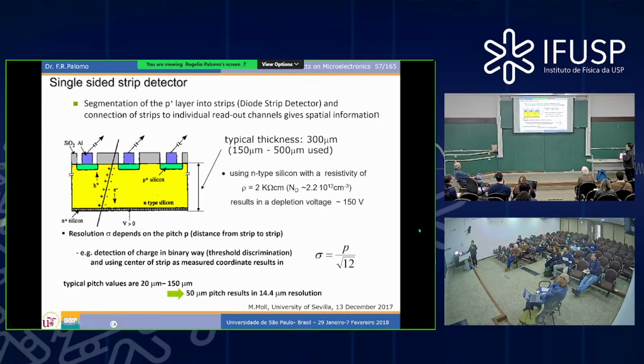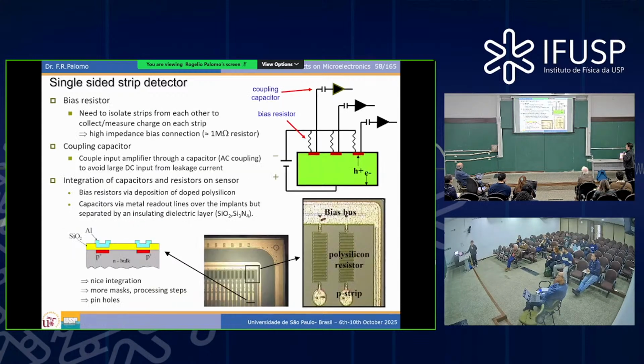It was presented by Michael at my university, because we have invited Michael a lot of times. Just for you to know what a single-sided strip detector is, you have to look at one. You have a bias resistor, just to get the biasing. You have a coupling capacitor.